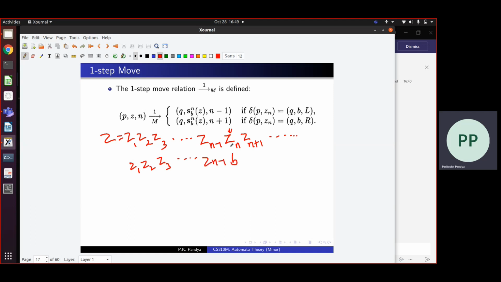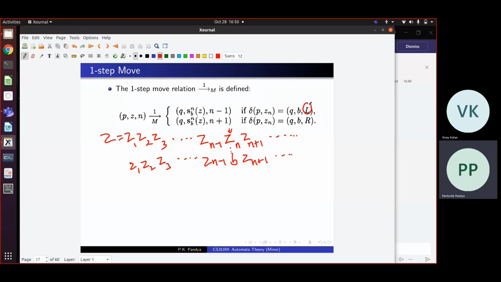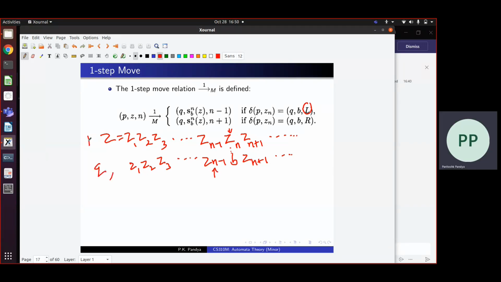This becomes B because we are rewriting the symbol under the head to B, Zn+1, etc. And I'm moving one step to the left. So my head comes here. This is my next configuration. And I'm in state Q here. Here I was in state P. So this is the kind of transition that occurs. Similarly, you can have a transition moving to the right, in which case the head will come here.